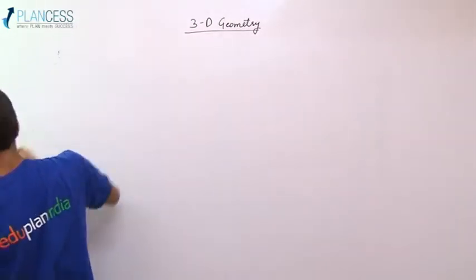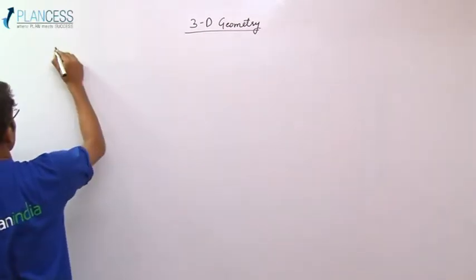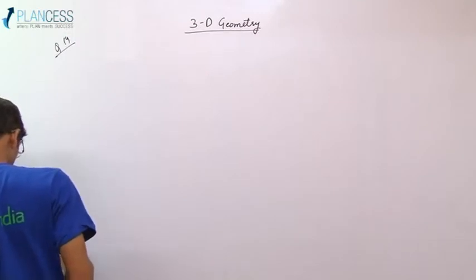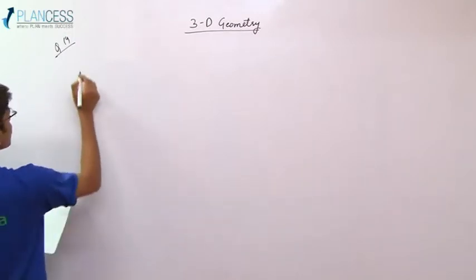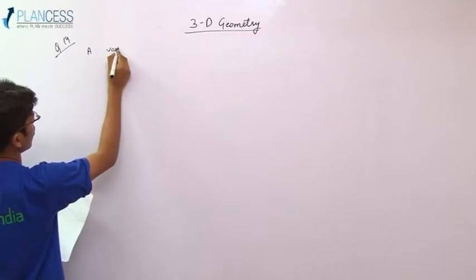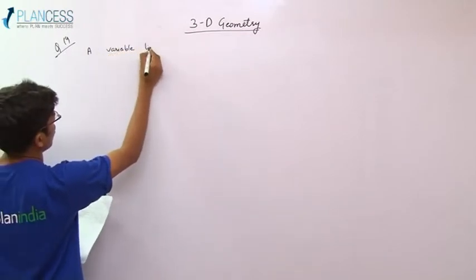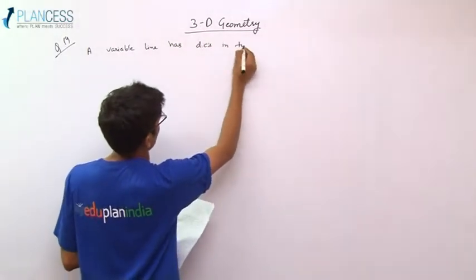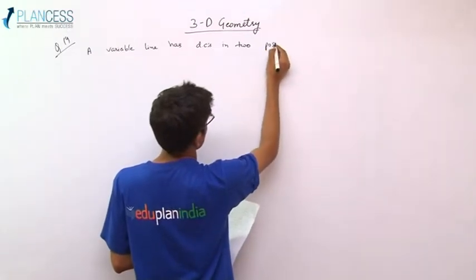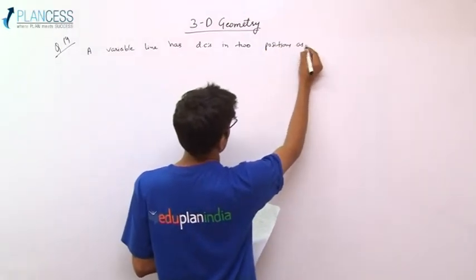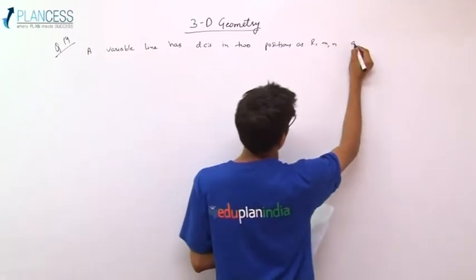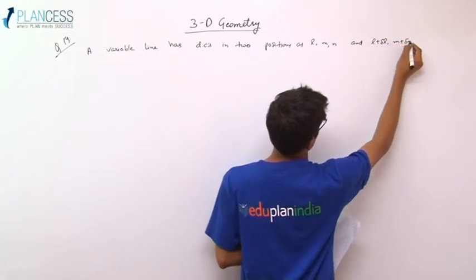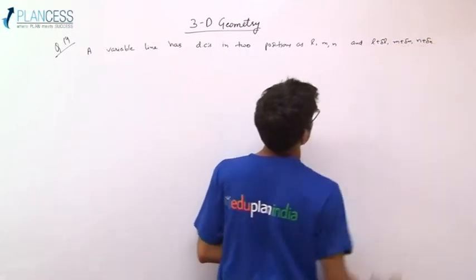Now let's move on to question number 14. A variable line has direction cosines in two positions as l, m, n and l plus delta l, m plus delta m, n plus delta n.